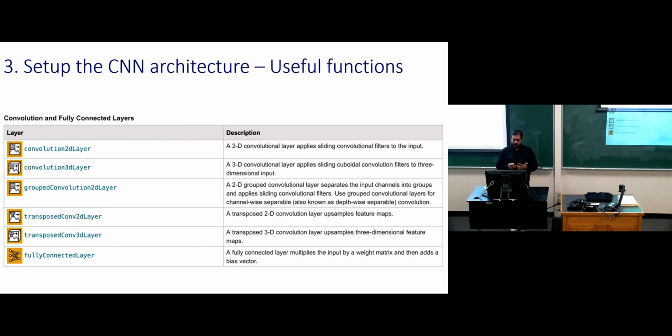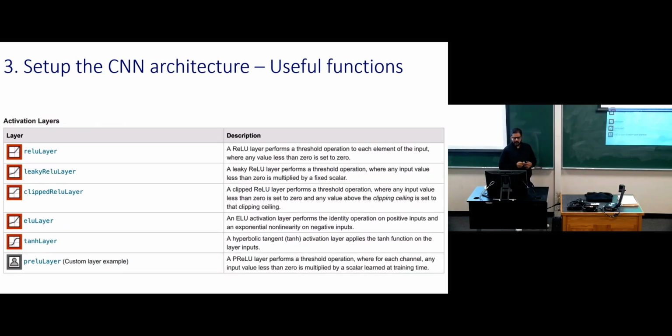I don't want to just replicate documentation, but this is where you have to look if you want to be creative in adding more layers, or if you want to see how you use an existing layer. So, Matlab provides these functions called convolution 2D, fully connected layers. It provides us ReLU. Remember how we spent some 5 minutes on different activation functions of leaky ReLU and exponential ReLU or ELU layer.